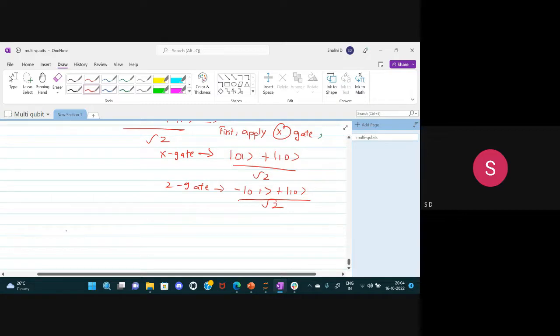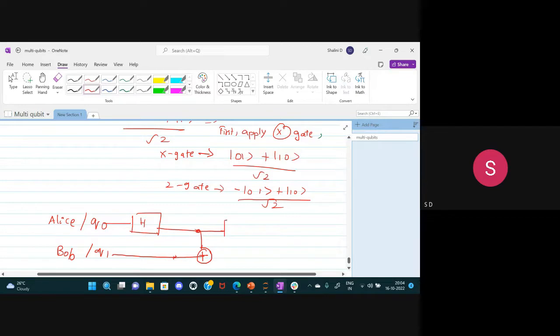So we can draw the circuit diagram. Q0, first we have applied the H gate, and then Q1 is there. This is Alice, this is Bob. We are applying the Hadamard gate, then the CX gate, and then Alice is sending a message to Bob.